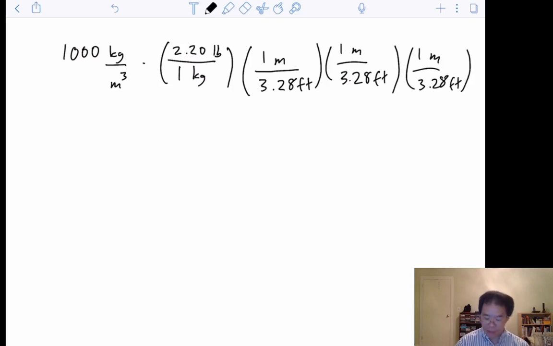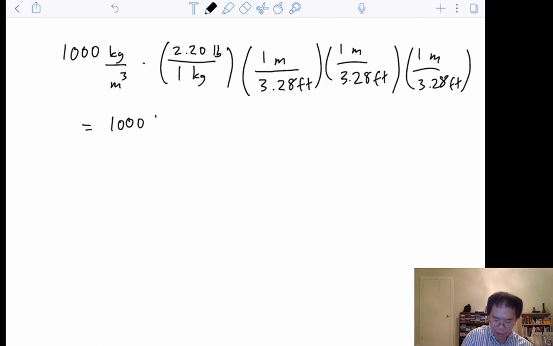And now I think you can see that I've got 3 factors of meters in the numerator of my conversion factors to cancel the 3 factors of meters down here in the denominator of the original quantity, and I'll replace that with 3 factors of feet. Now, the more compact way I might write this is the following.